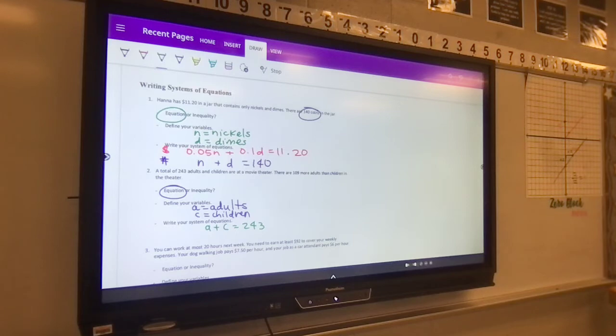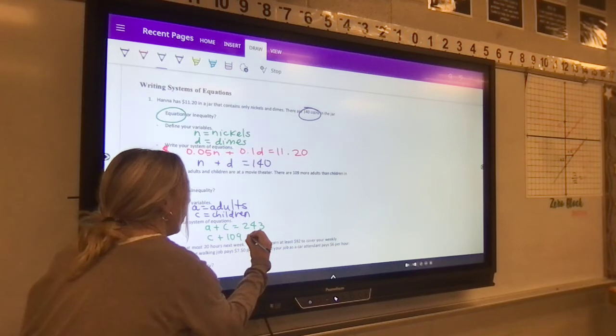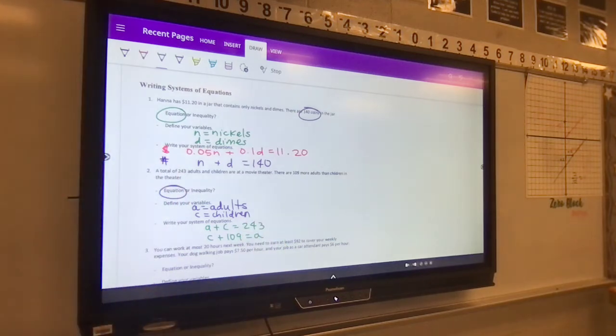Okay, and then the fact that there are 109 more adults than children in the theater, so you could set that up with the number of children plus 109 equals A. Or if you want to flip that, A equals C plus 109. That's representing that if you take the number of kids and add 109, then you get the number of adults.